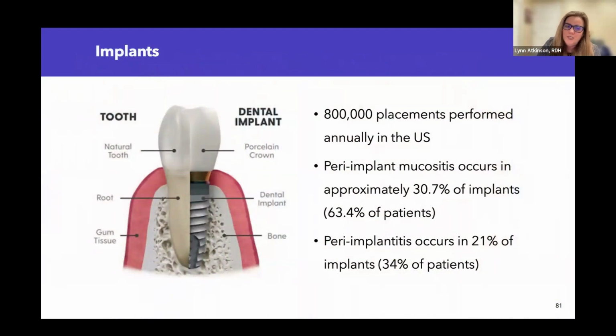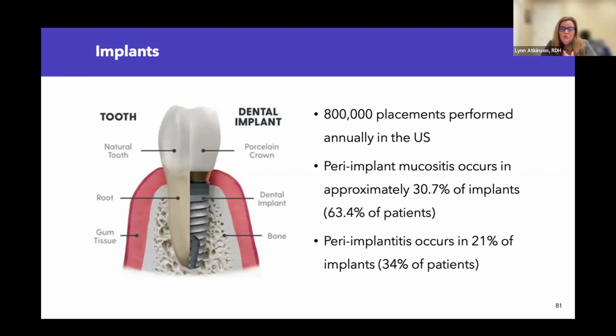Implants are very different than a tooth surface. And we know now that there's 800,000 placements of implants in the US annually. And perio-implant mucositis occurs in approximately 30.7 of these implants. So 63% of our patients have periomucositis.